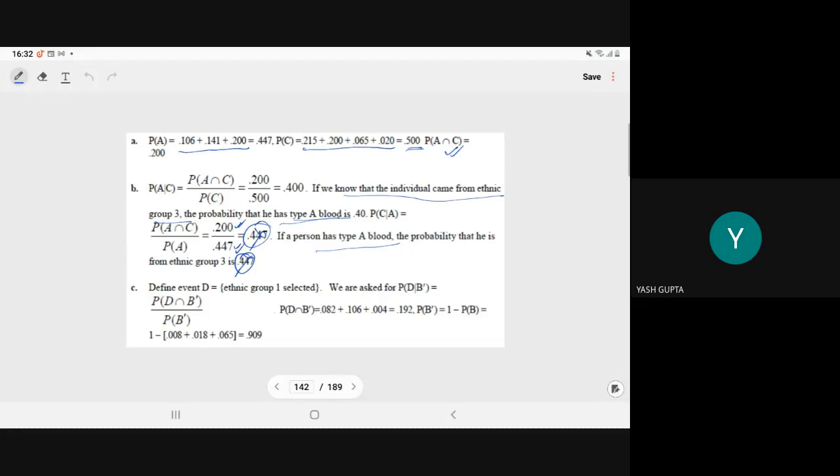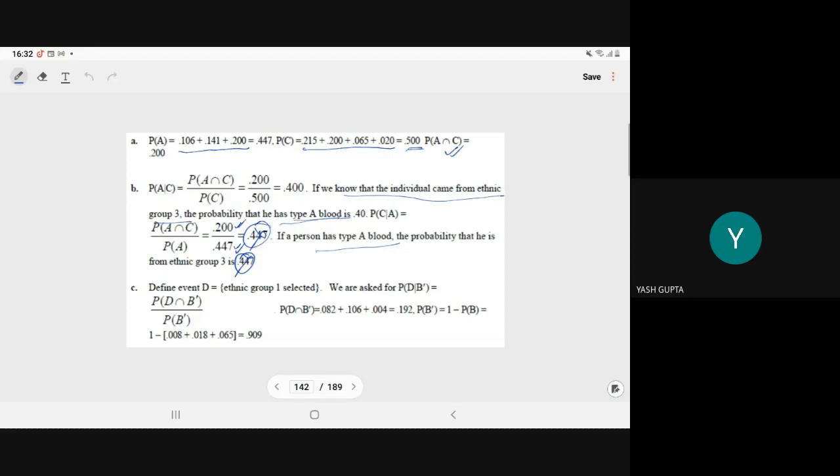So what we have to compute? What is the required probability? Probability of D given B dash. D given B dash means not a B blood group. So by definition, it will become the probability of D intersection B dash divided by P of B dash.